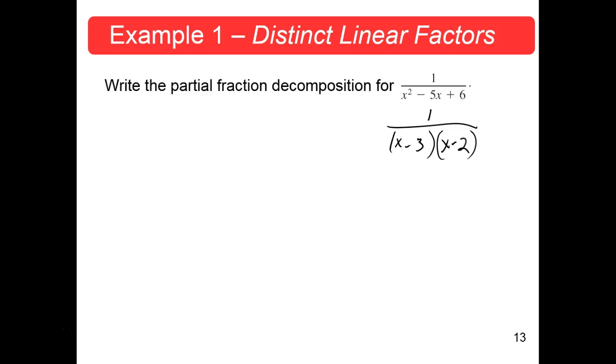Now, they also make this little comment at the bottom. Be sure you see the method of partial fractions is practical only for integrals of rational functions whose denominators factor nicely. For instance, when the denominator in example 1 is changed to x squared minus 5x plus 5, you notice that it doesn't factor too nicely because you have radicals in it.